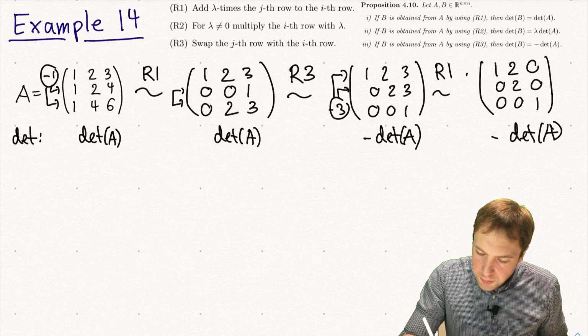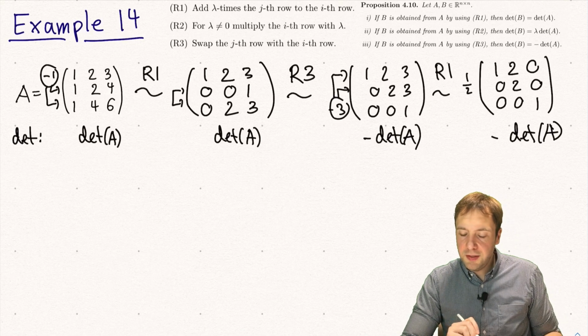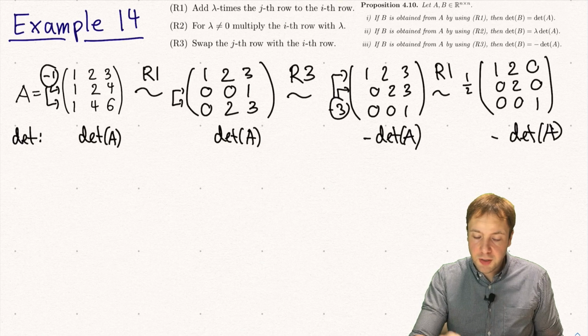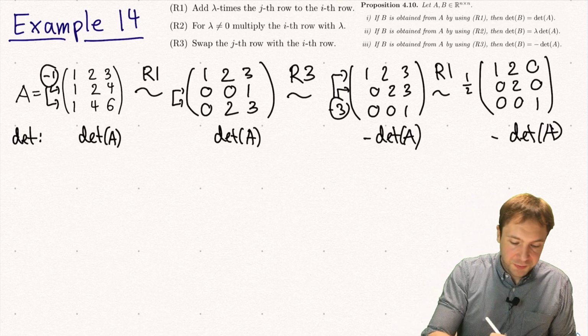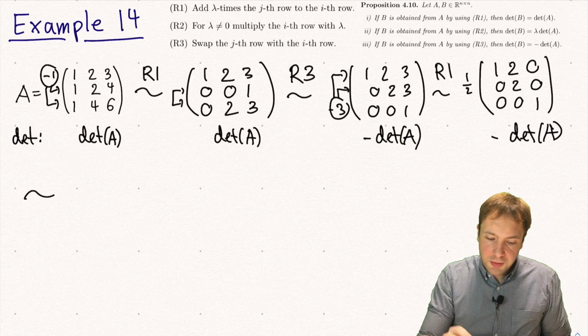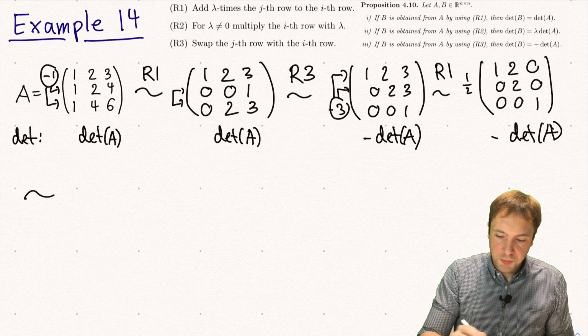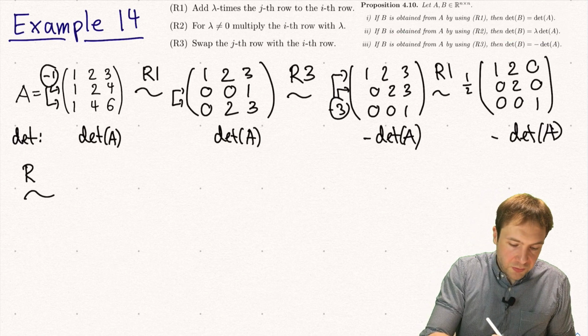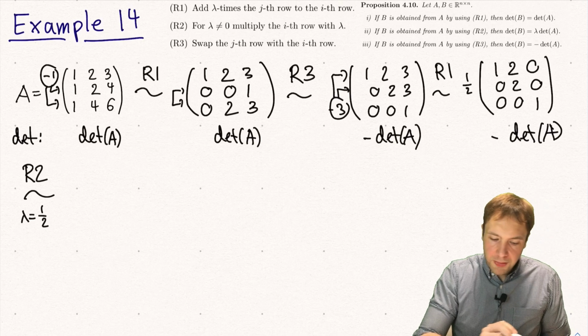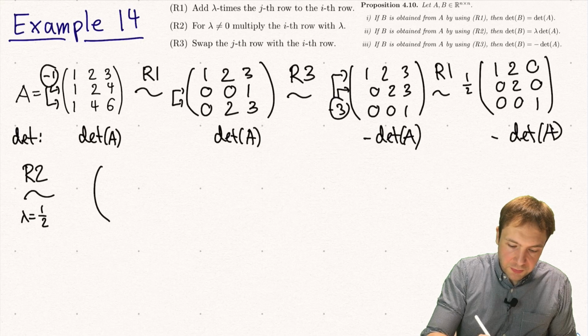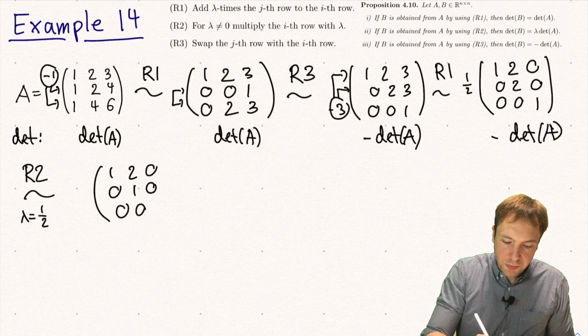And now we multiply the second row with 1 half. So we use R2 with lambda 1 half. So we get the matrix 1, 2, 0, 0, 1, 0, 0, 0, 1.